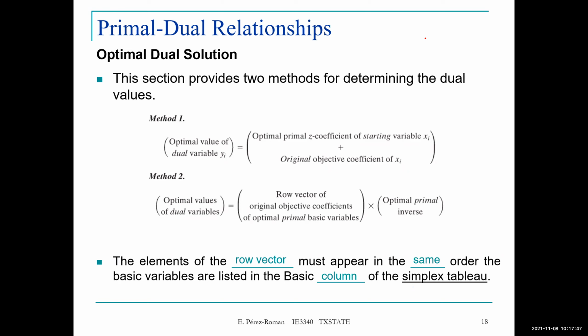Meaning that if you set up your problem in the tableau and you have, let's say, x1 in the first row, x3 in the second row, and x5 in the third row, when we set up these column vectors, we have to make sure that the order of the elements inside the vectors follows the order of that decision variables column. So that's what this is trying to say: the elements of the row vector must appear in the same order the basic variables are listed in the basic column of the simplex tableau. I'm going to see this with an example.